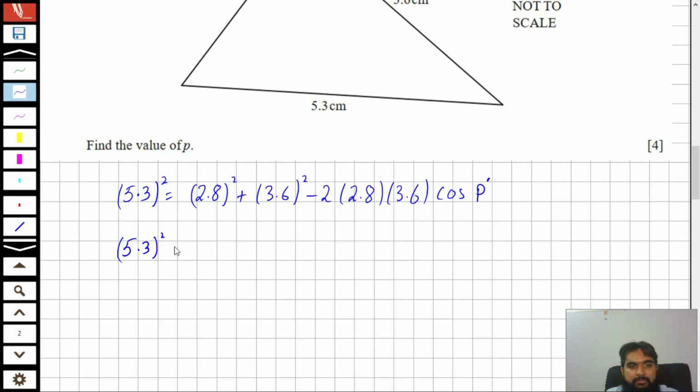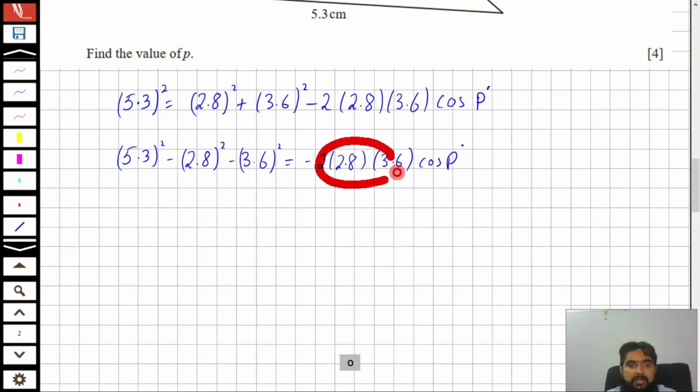It will be 5.3 square minus 2.8 square minus 3.6 square is equal to minus 2 into 2.8 into 3.6 into cos of P. Now these terms are multiplying here, so they will go to the other side and divide.